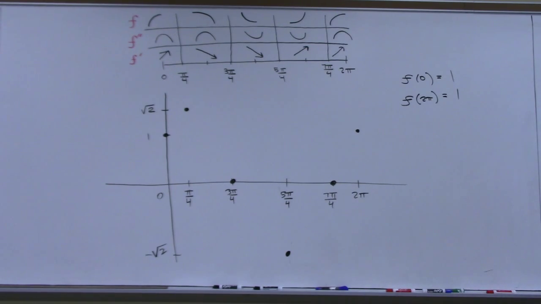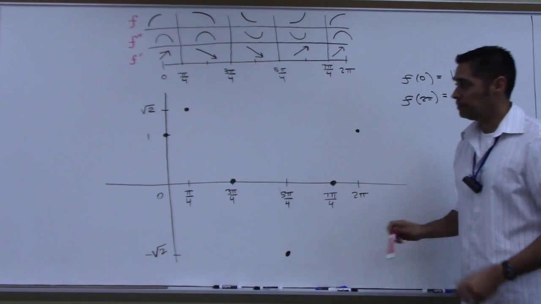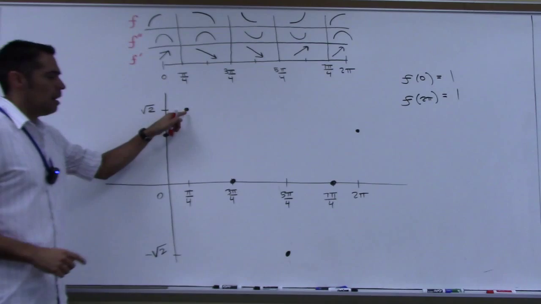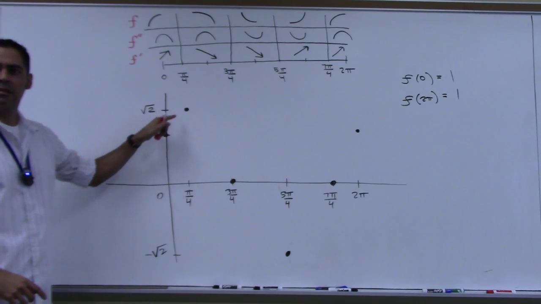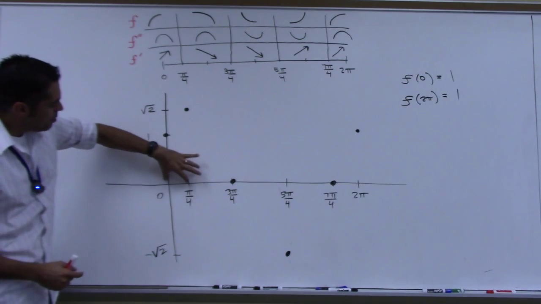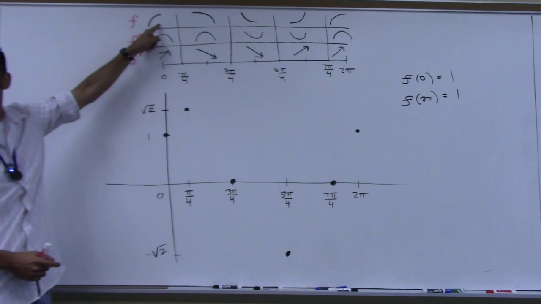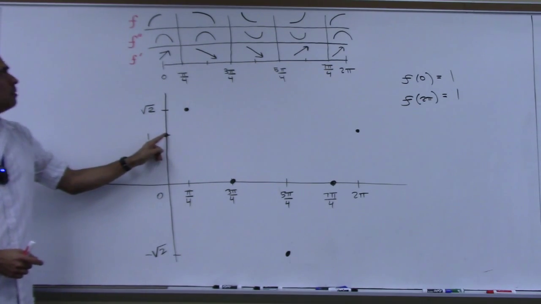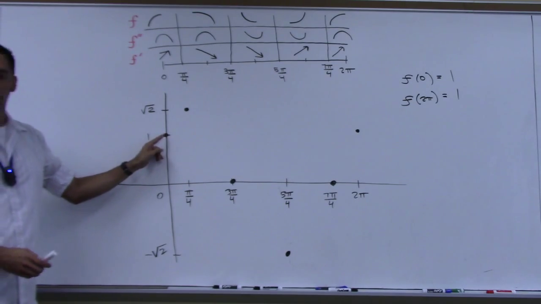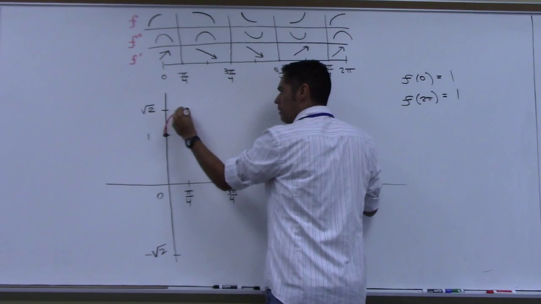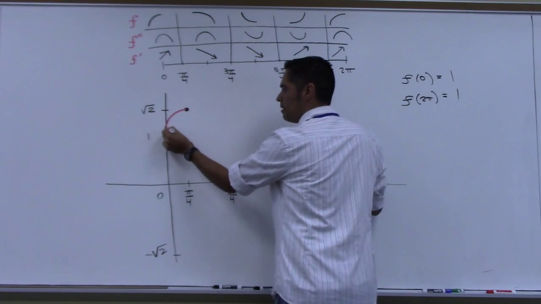I think we have enough to draw this. So here I come with my drawing. Between this point and this point, I just need to connect these dots together, right? Because it's between 0 and pi over 4, it must look like this. So I'm going to connect these two with the left side of a frown. Like that.